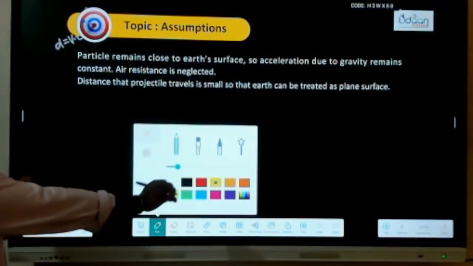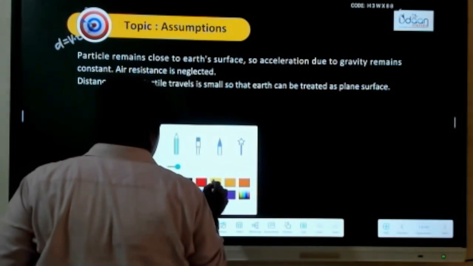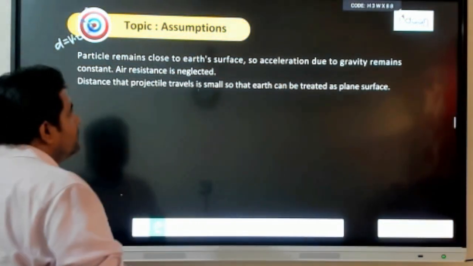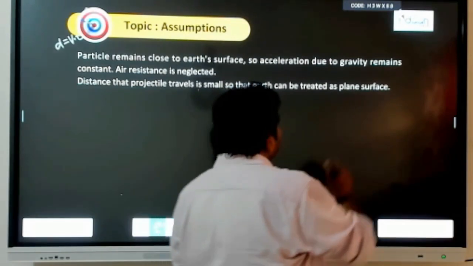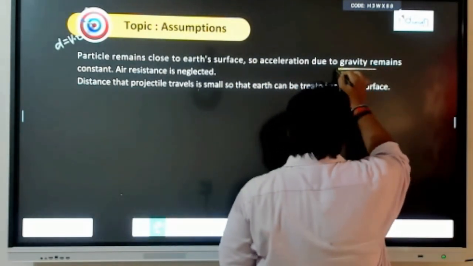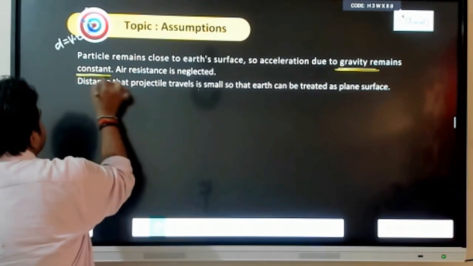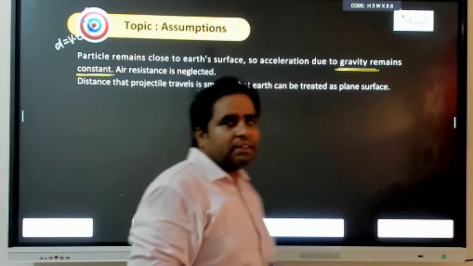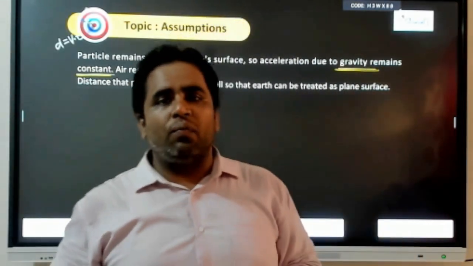Here I am telling you that the particle remains close to Earth's surface. This is the first assumption, so acceleration due to gravity remains constant. The intention is to consider gravity to be constant. How will this gravity be considered constant?